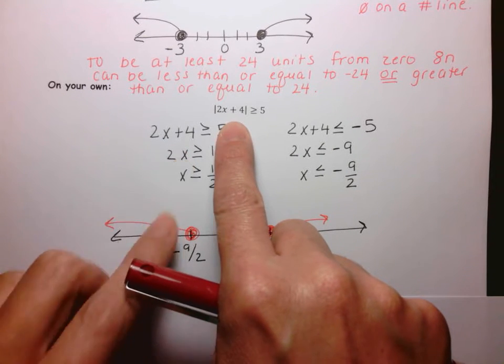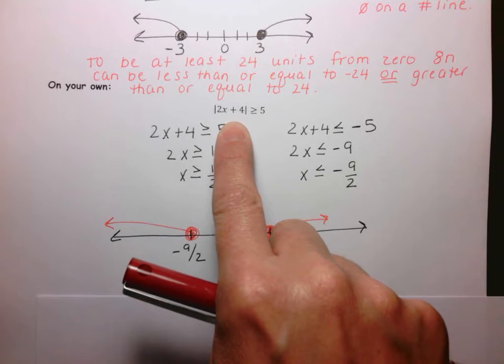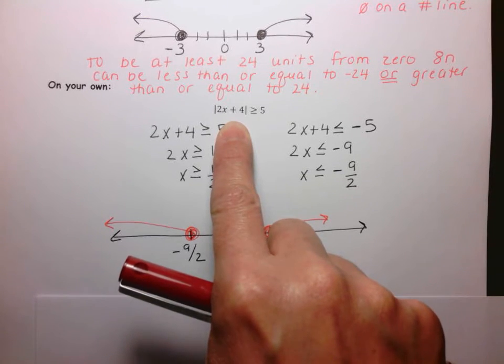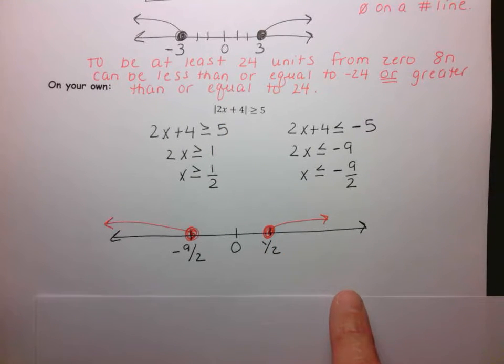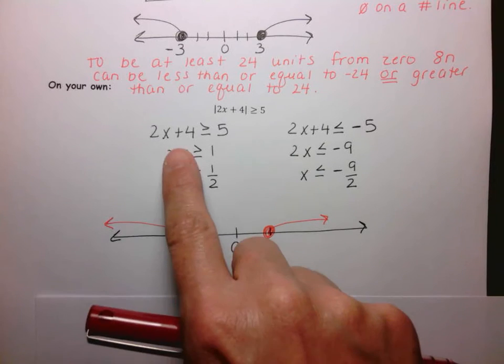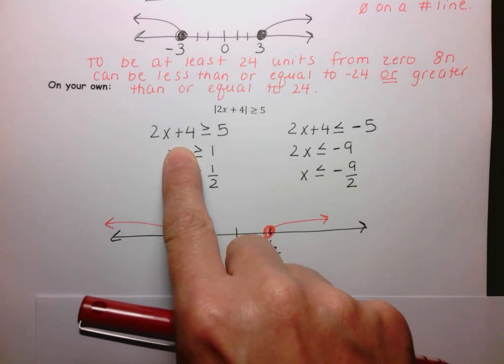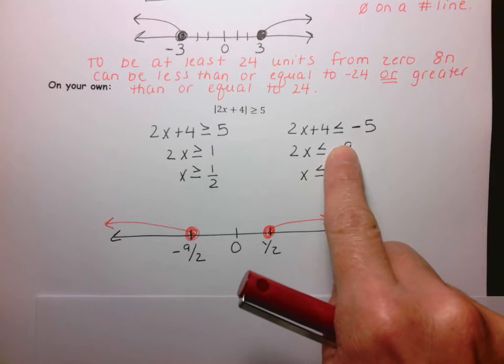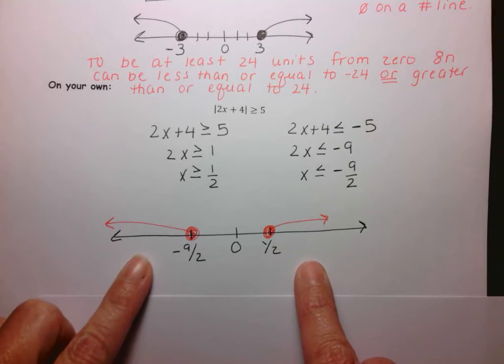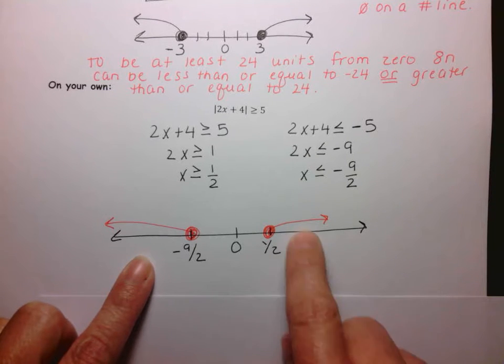This means that 2x plus 4 is at least 5 units from 0 on a number line. And so to be at least 5 units from 0, 2x plus 4 has to be greater than or equal to 5 or less than or equal to negative 5. And so you know it's going to be an or statement whenever it's a greater than.